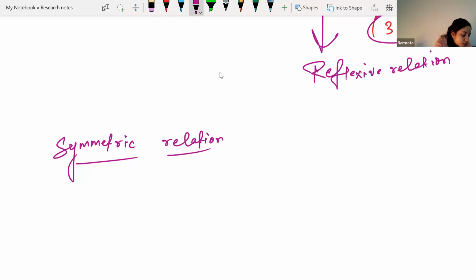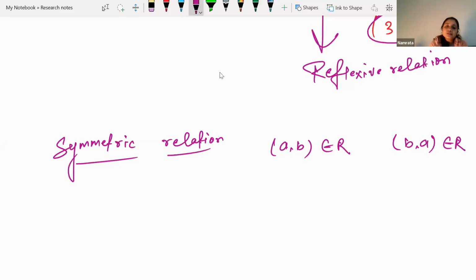Let me take one example. According to this symmetric relation, if (a, b) is in the set R, then (b, a) also must be in the set R.